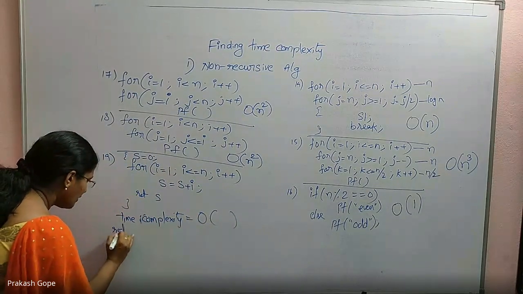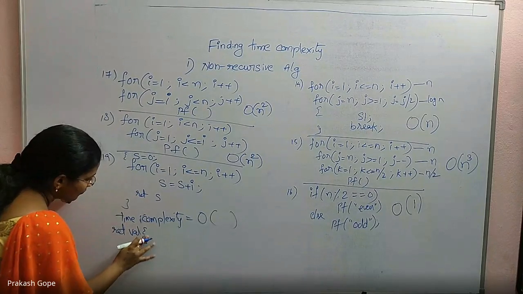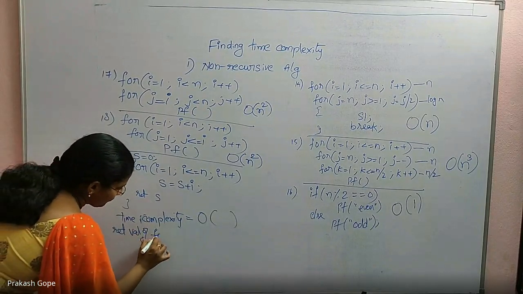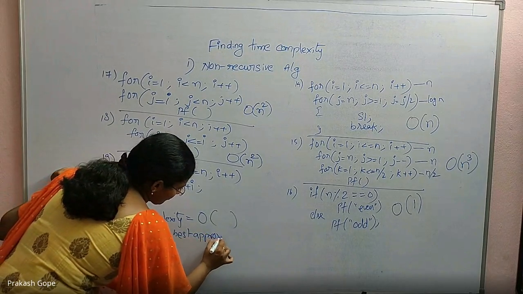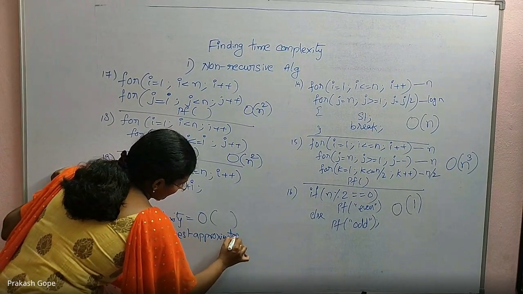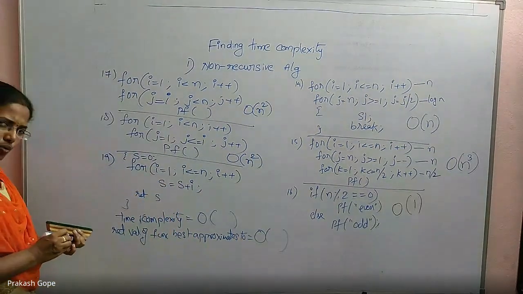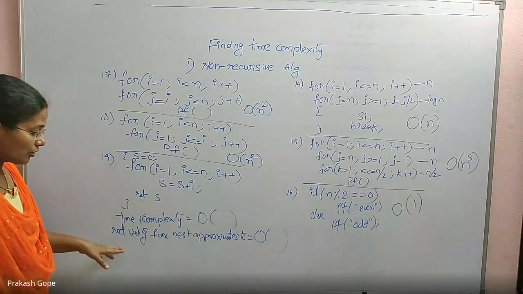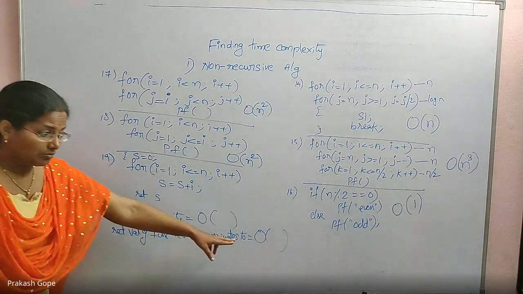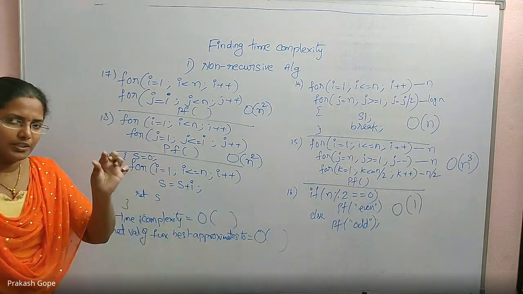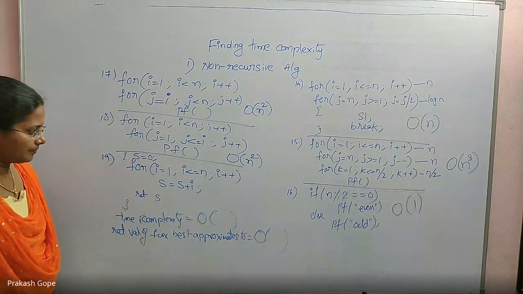Also, what is the return value of this? We are talking about only time complexity, but in the GATE questions, they are talking about the return value of the function also in terms of big O notation. We are not interested in the exact answer. Constant multiplication, division, subtractions can all be ignored again.